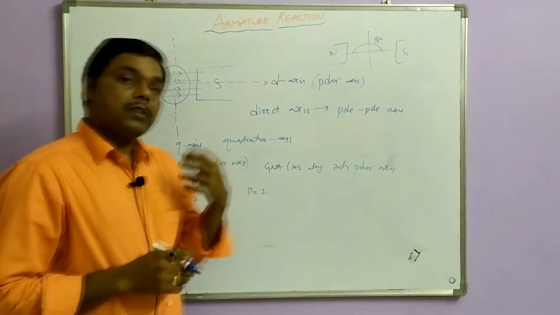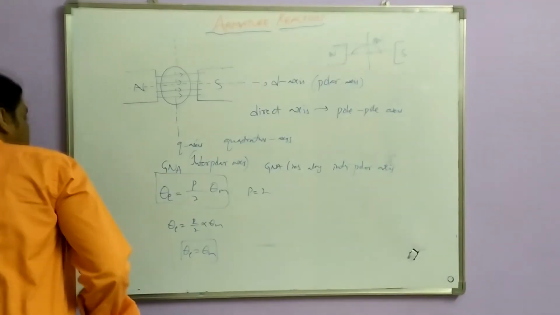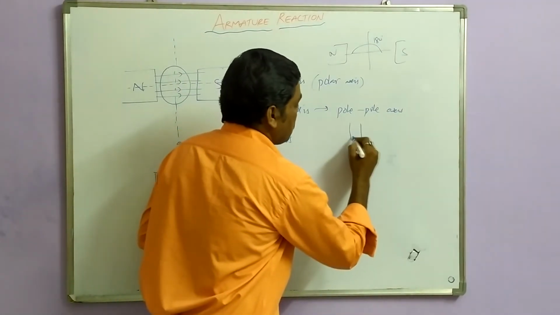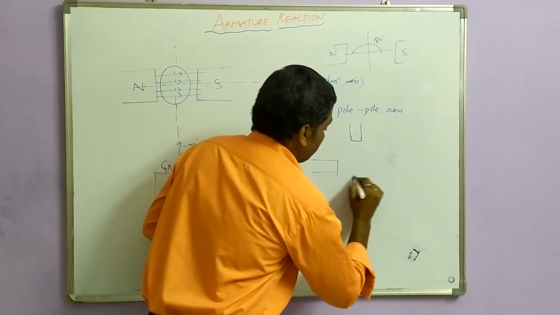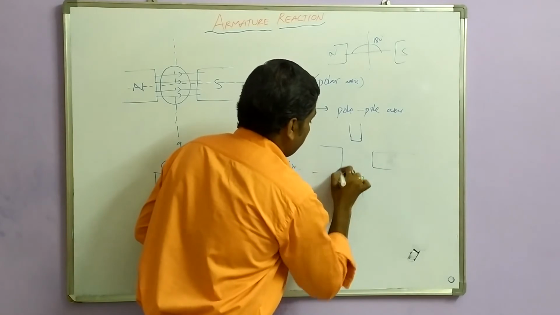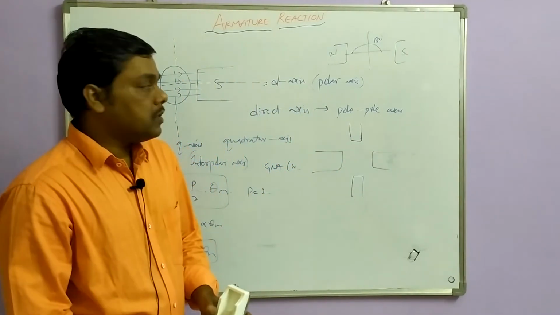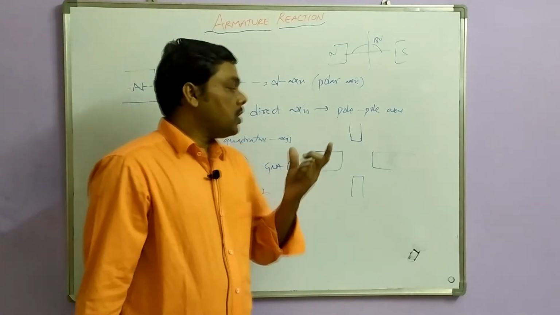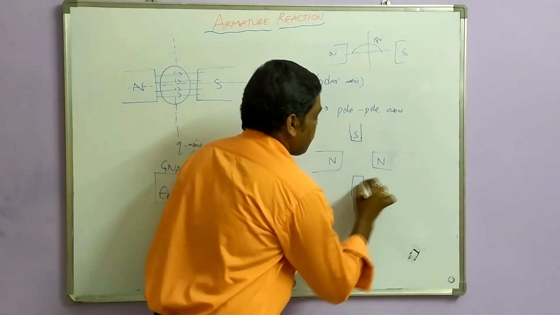But if you consider four poles, this time I am going to draw here. If you assume four poles, each pole pair has one D axis.